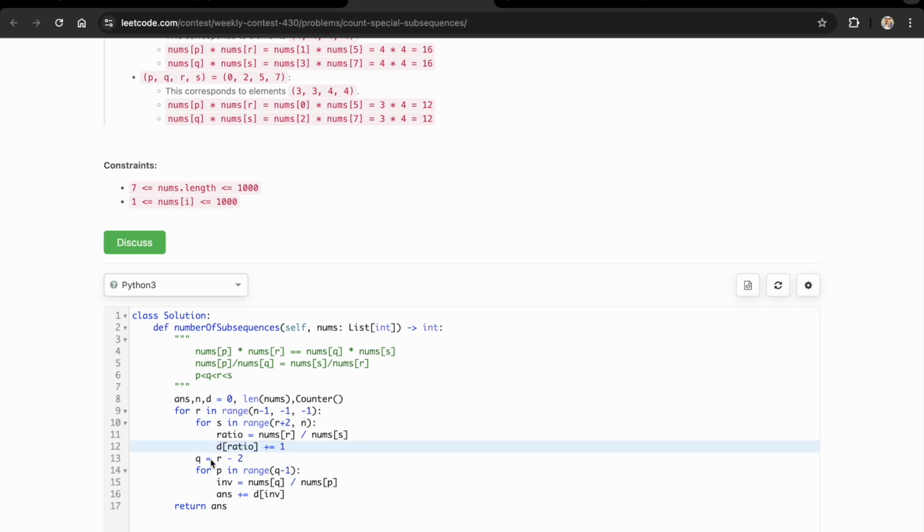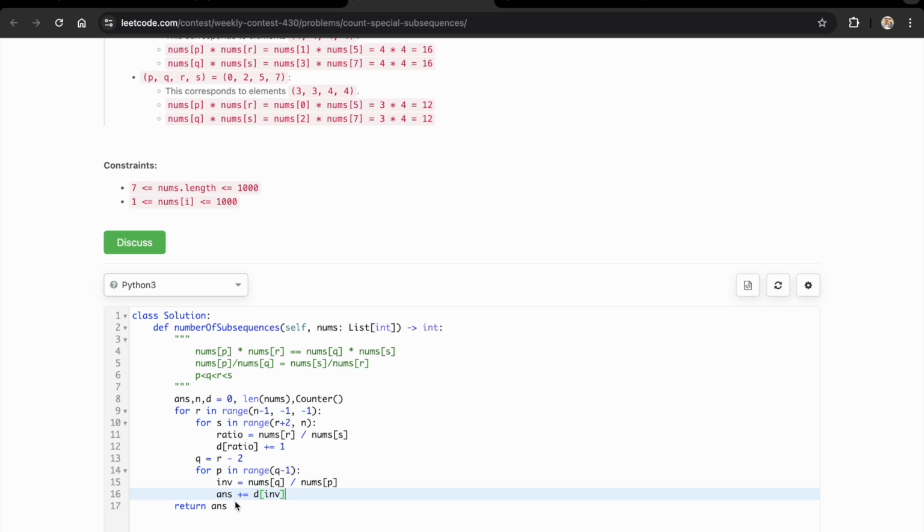Then we will try for q. q is r minus 2, and there should be a difference greater than 1 between q and p. So we take nums of q divided by nums of p, and then we just get it from our map, answer plus equals the map value.